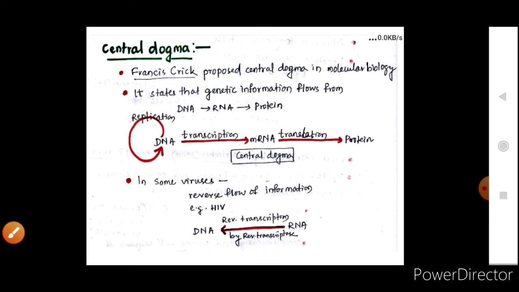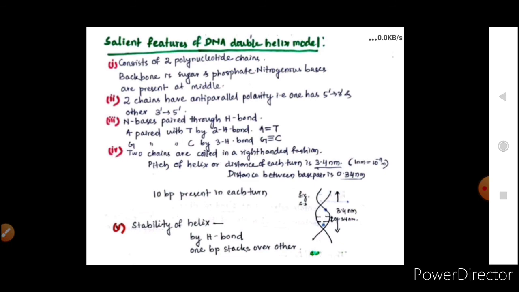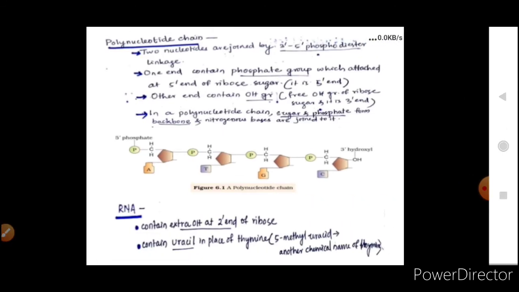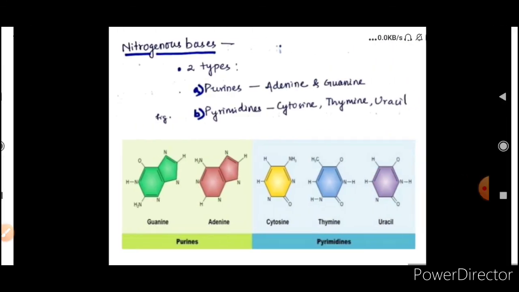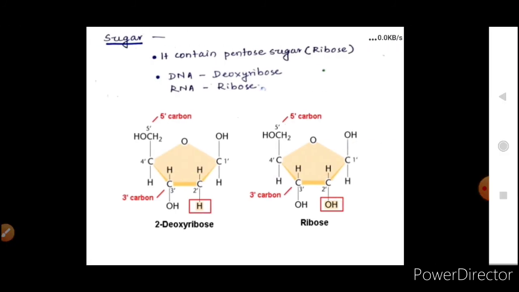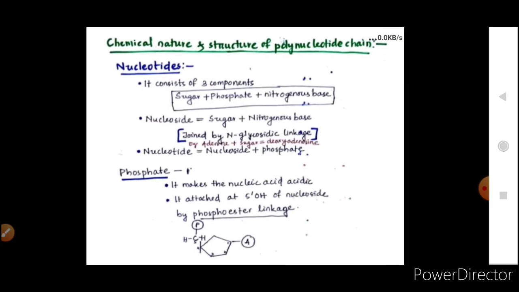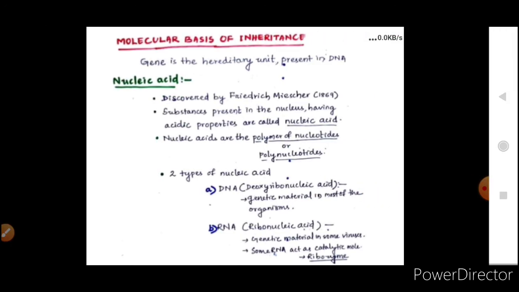So we studied the structure of DNA here, the salient features of the DNA double helix, and the DNA polynucleotide chain: how it is formed, how the nucleotide is formed, the nitrogenous bases, the sugar present, and the difference between ribose and deoxyribose. We also covered the chemical nature of the nucleotide and how the phosphate is linked.